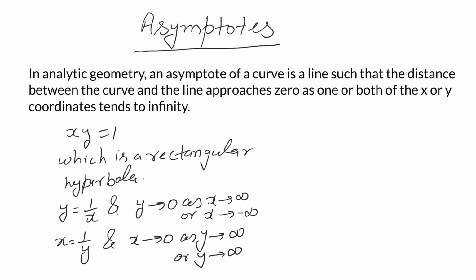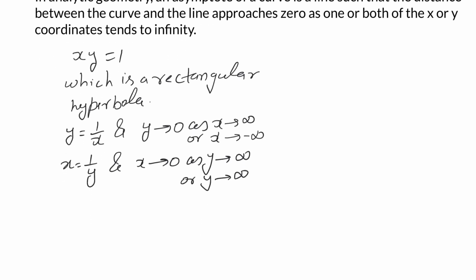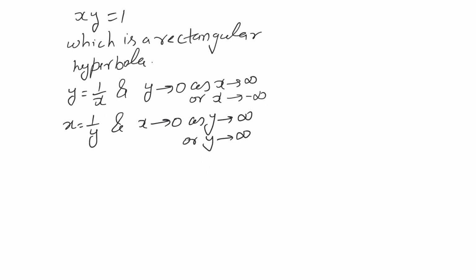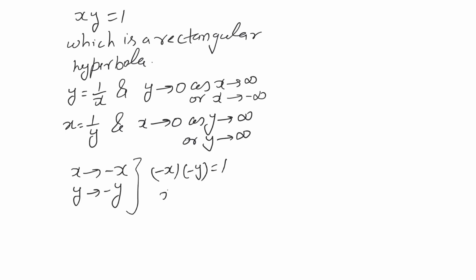Also, we see that the curve is symmetric in the opposite quadrants, as when we replace x by -x and y by -y, the equation of the curve remains the same, xy = 1.